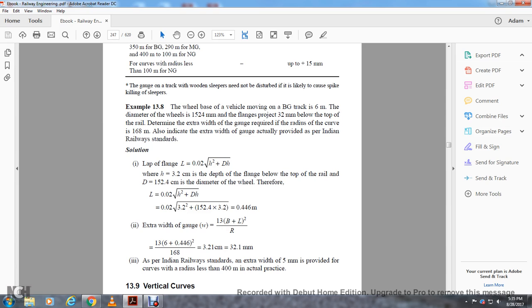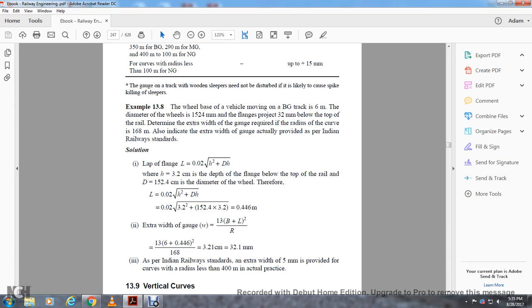The length of the flange, L, is equal to 2/10 of the square root of (H squared plus DH). H is 3.2 centimeters, the depth of the flange below the top of the rail. D is 152.4 centimeters, the diameter of the wheel. Therefore L is 2/10 of the square root of (H squared plus DH), and you get 0.446 meters.